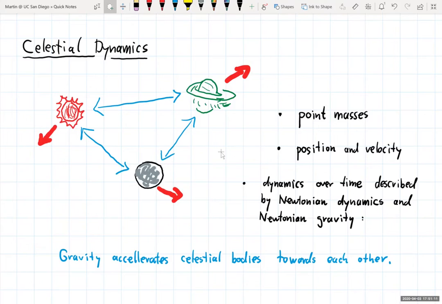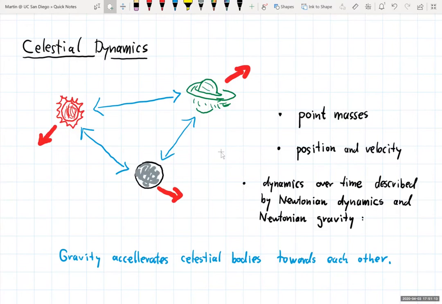Celestial dynamics is a study of the movement of planetary bodies or celestial bodies. And celestial bodies in this context can be stars, planets, asteroids, or on a larger scale entire galaxies.